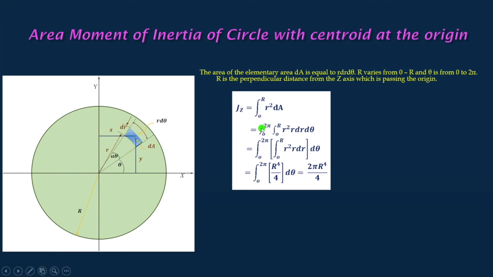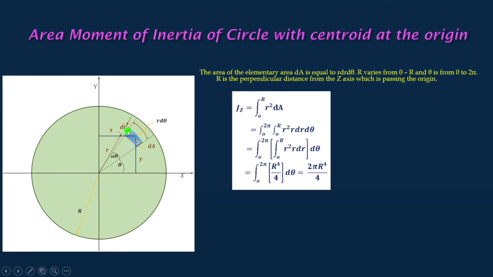What is the variation of theta? Theta varies from 0, and after rotating fully it is 2 pi, 360 degrees or 2 pi radians. So 0 to 2 pi is the limit of theta.